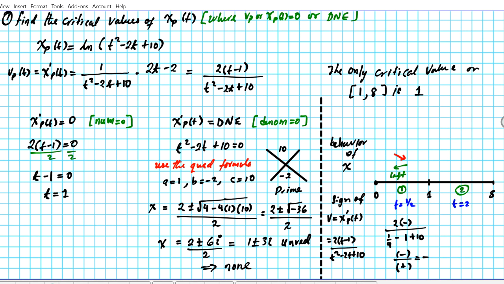If we plug in 2 into the function, remember all we care about is the sign, okay? So we have 2 times 2 minus 1 is positive 1. And then in the denominator, we have 2 squared. Let's just work that out mentally. So 2 squared is 4, 4 minus 2 times 2 is 4, 4 minus 4 plus 10. So the numerator is positive, and the denominator is 0 plus 10, which is also positive, so the result is positive.